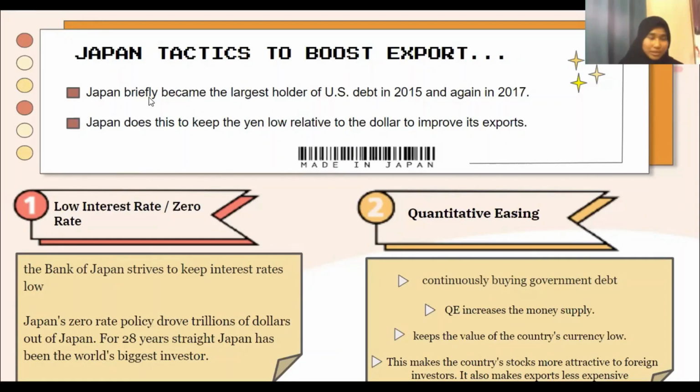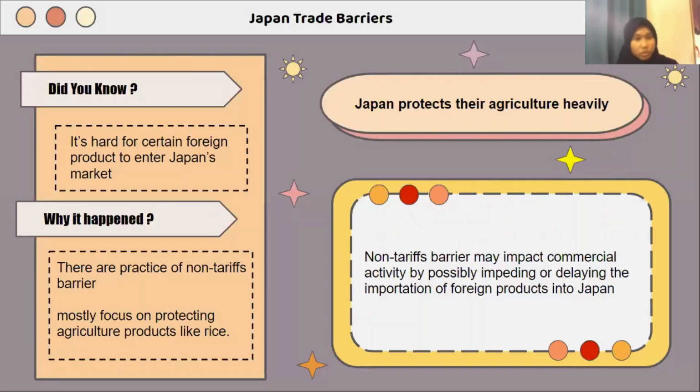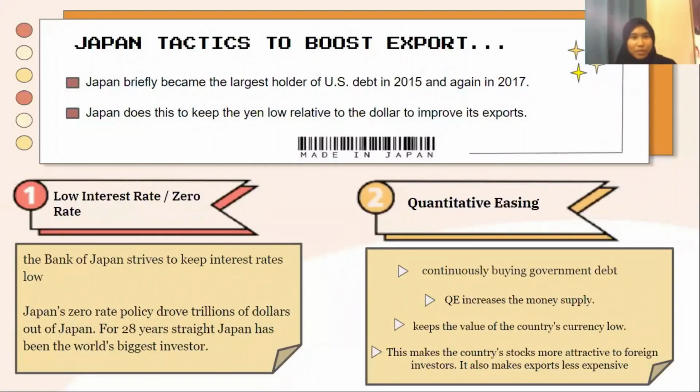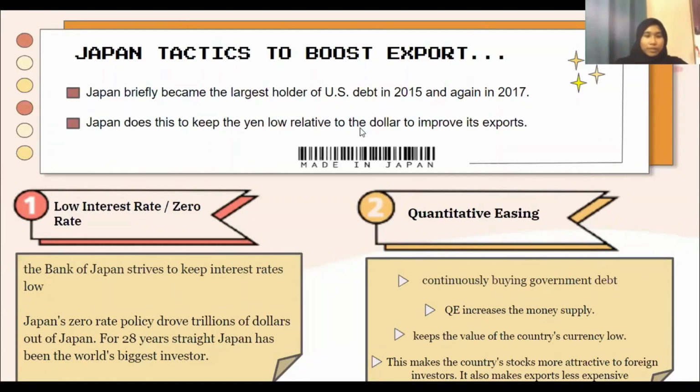It also restarted quantitative easing in 2012 when Shinzo Abe became the Prime Minister of Japan. He promised to reform Japan's economy with his Abenomics program. Japan, as mentioned earlier, is very famous for its zero rate policy, with interest rates very low and near zero.